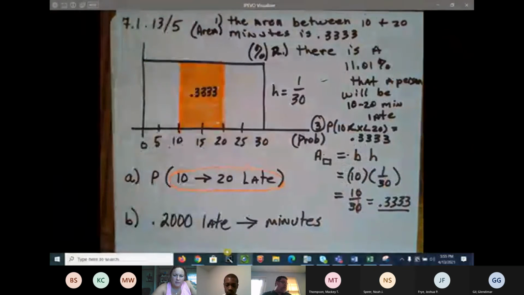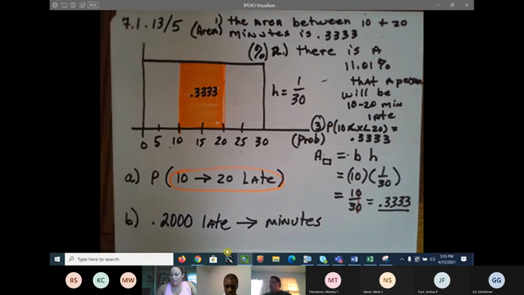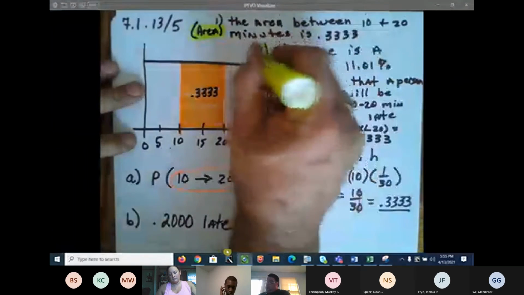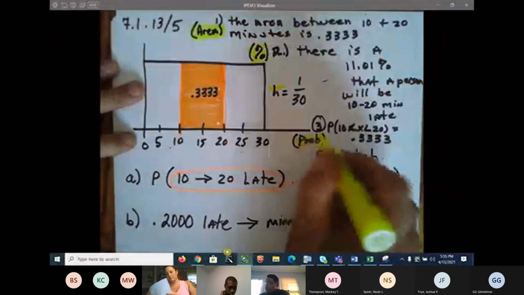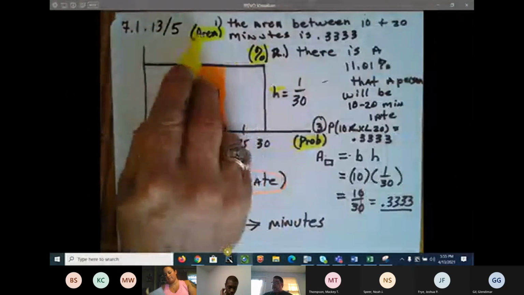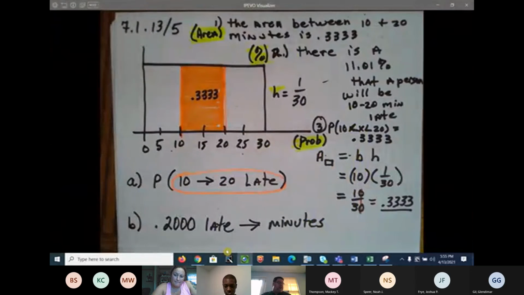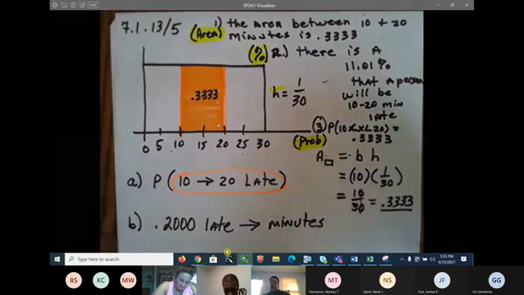It just depends on what the context of the question is asking. You're going to see area, percent, and probability as we get into 7.2. Hopefully by the end of this class, you will see what I'm talking about. Okay, so that's the first question.